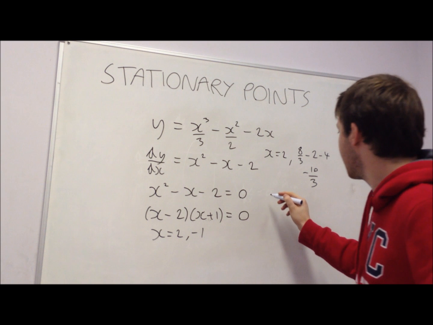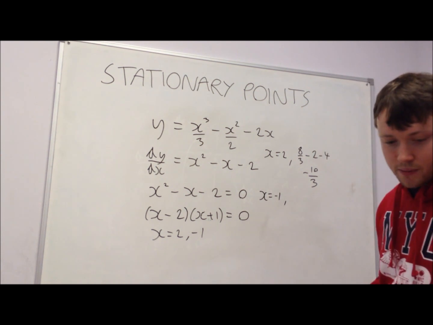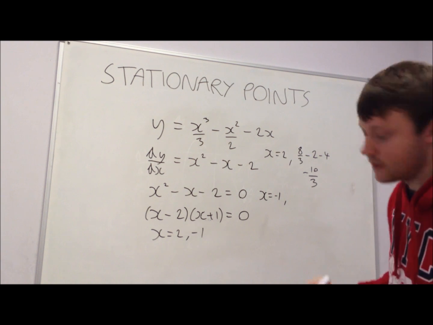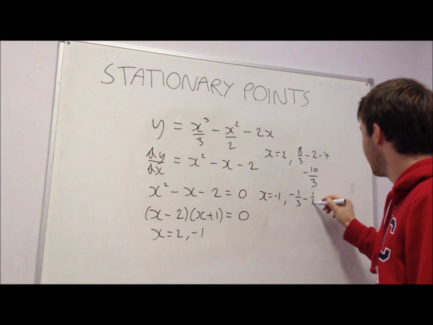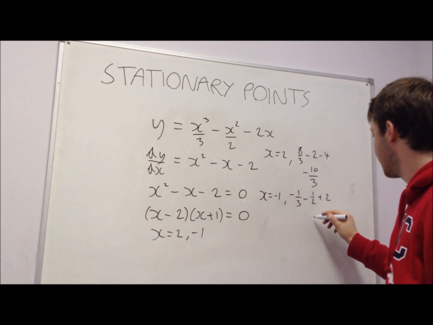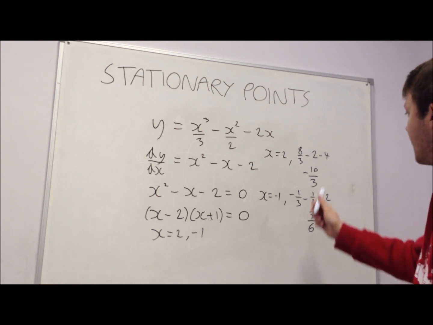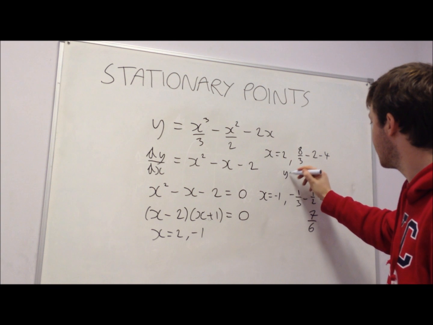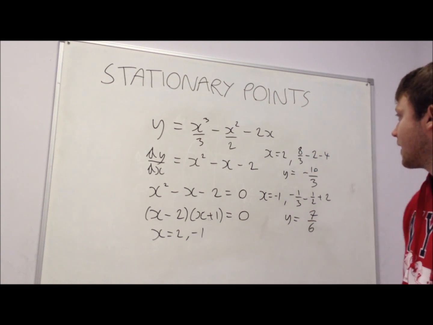And then when x equals minus 1, we have minus a third minus a half plus 2. This simplifies to 7 over 6. So we found the y coordinate, you can just jot that down, and each corresponding x coordinate.